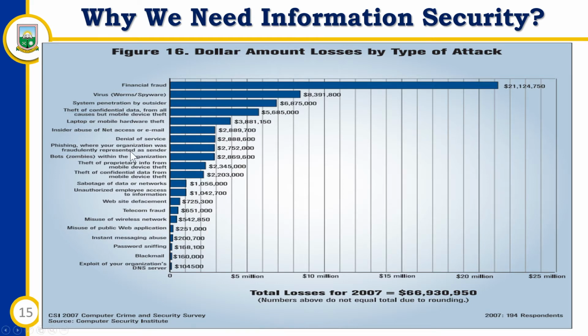So it goes down, each of these attacks keeps going down, letting us know how much was lost. And of course, the last was the exploit of the organization's DNS server, which was just 104,500, which is huge money when converted to Ghana cedis.